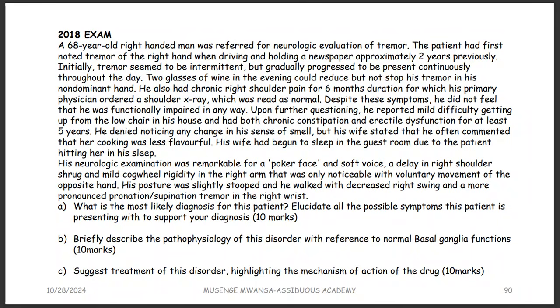If we are to describe the pathophysiology, other than just saying there's a reduction in dopamine and you end there, and there's an increase in acetylcholine, what would be the importance of the dopamine if it is there or if it is not there? And then suggest treatment for this disorder, highlighting the mechanism of action of the drug.